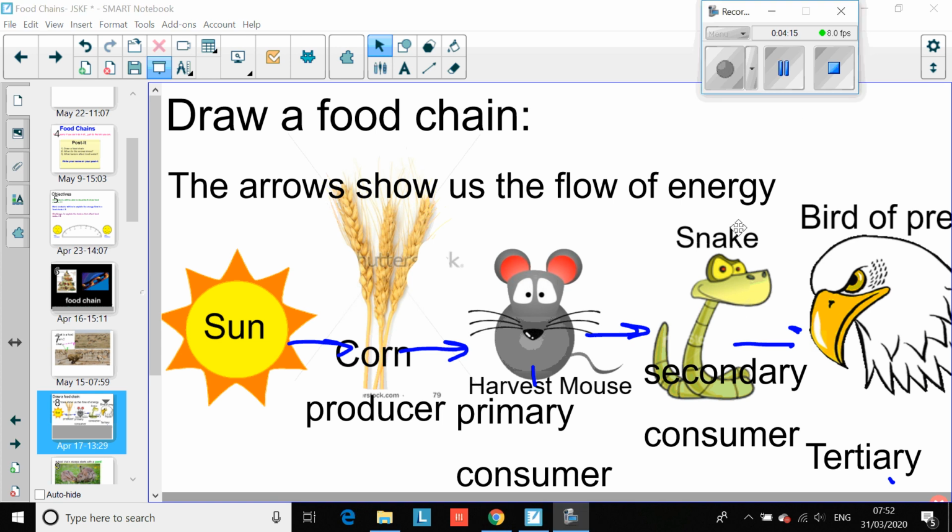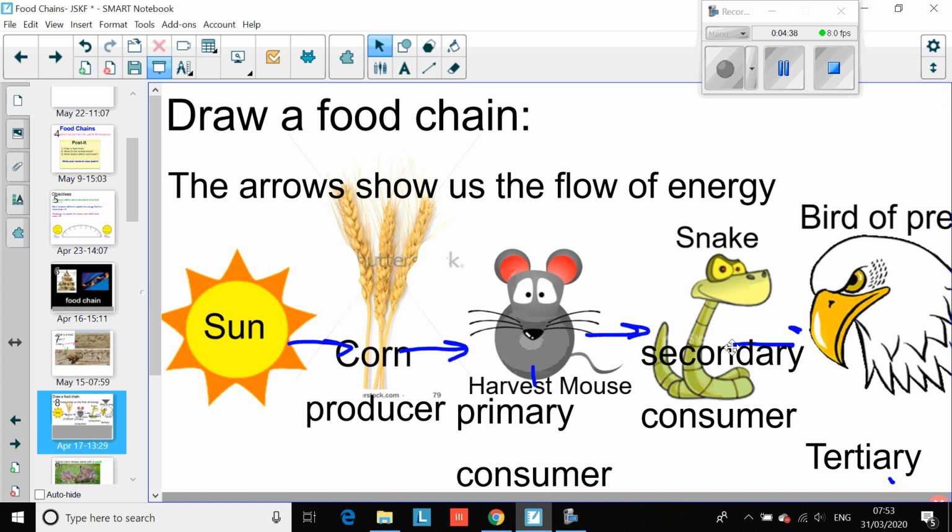But another example of a secondary consumer might be, say, a hedgehog. For example, the sun grows grass, grass is eaten by a slug or a worm, and then a hedgehog will come along and eat the slug, which eats the grass. So there are lots of different examples that you might think of.